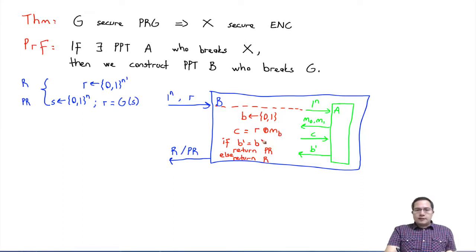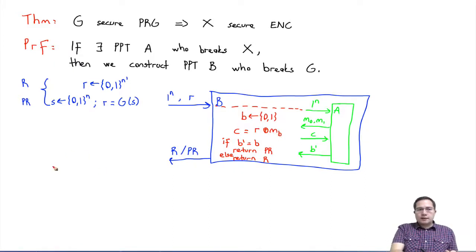Intuitively, the reason here is that if R is a pseudo-randomly generated value, then what we did here is exactly what A is expecting. We gave him an encrypted message, and then by our assumption that A breaks X, he should have 1/2 plus non-negligible probability here. On the other hand, if R was random, this is exactly one-time pad, which we know is perfectly secure.